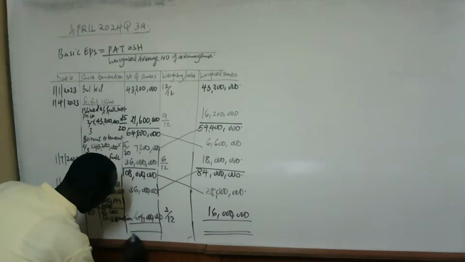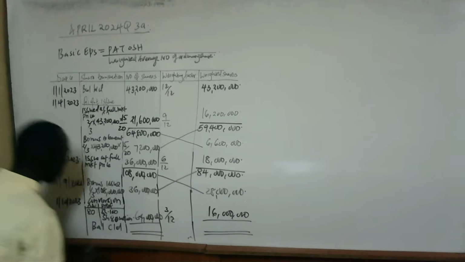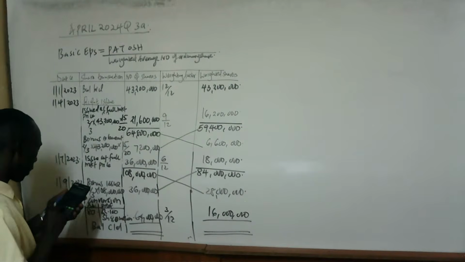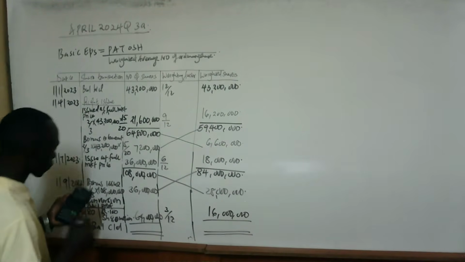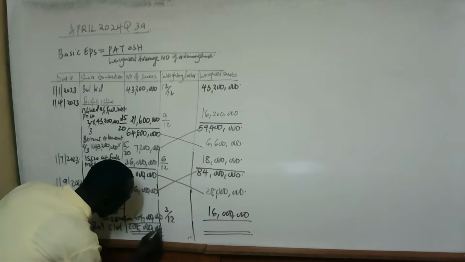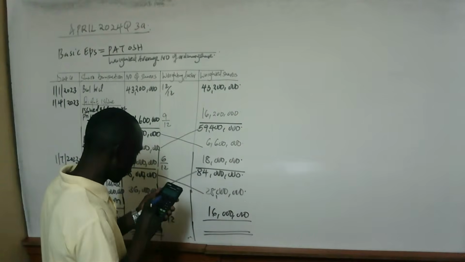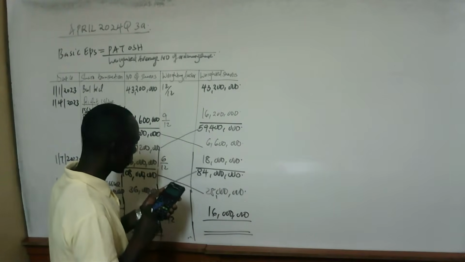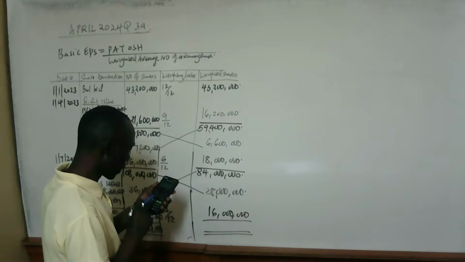And here, we are going to get the balance carried down. So our balance carried down will be 108 million plus 36 million plus 64 million. So therefore the total will be 208 million. And this one is 84 million. We add 28 million. Then we add 16 million.